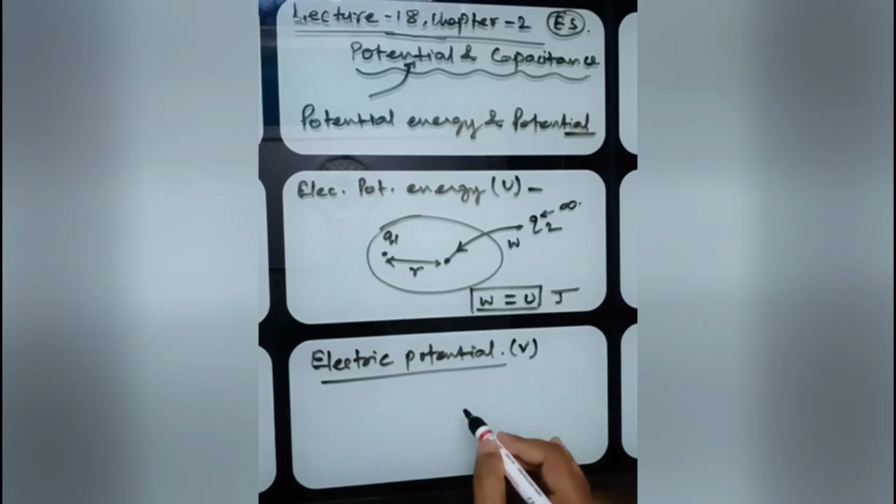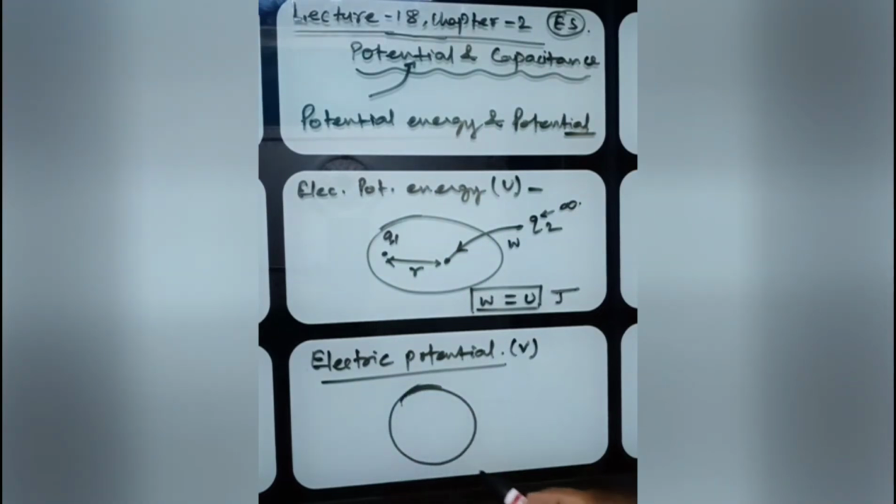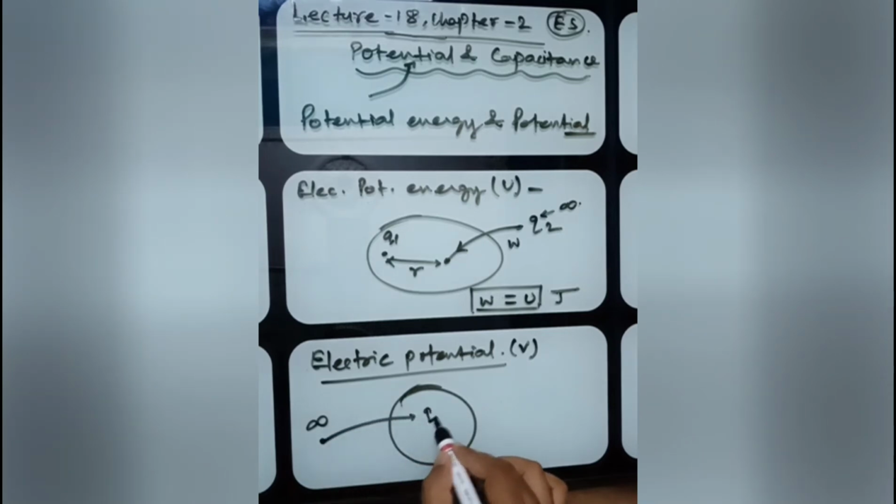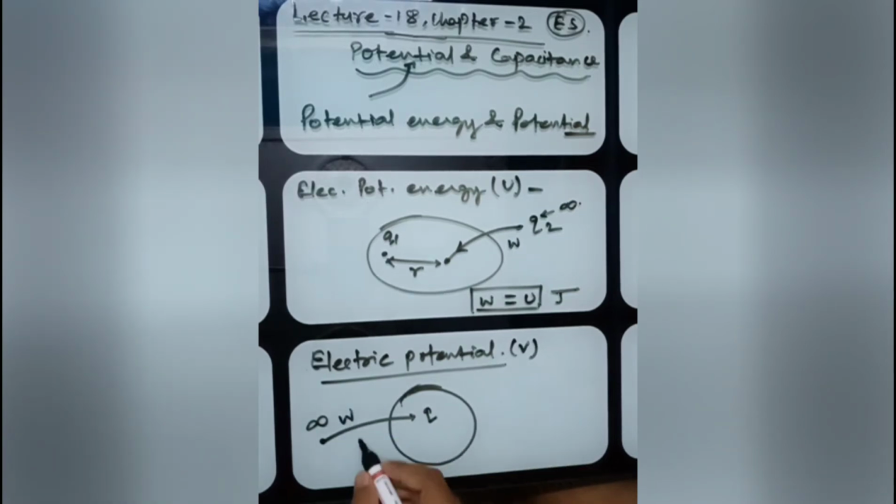Now if you are having the space, look here, I am correlating the electric potential and potential energy, which is very important. I'm here at infinity and I'm bringing a test charge over here at point Q. Here, since I'm not having another charge, the work done due to this isolated charge will be considered as the potential.